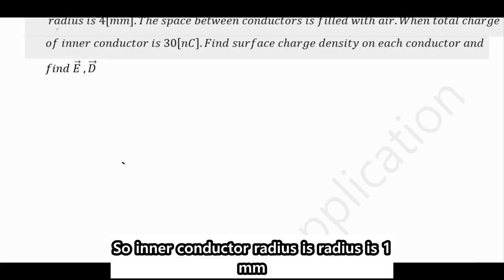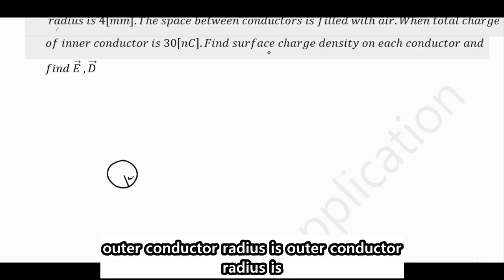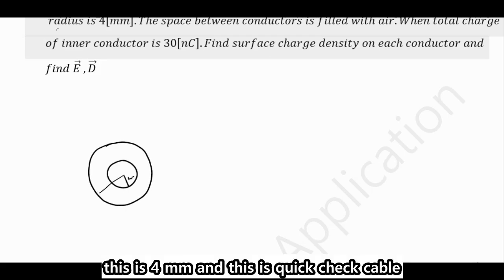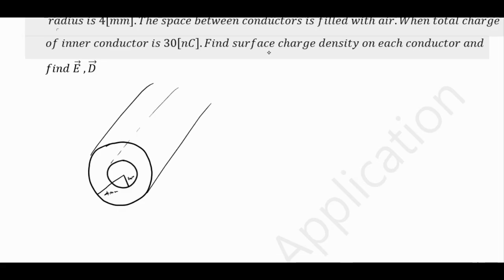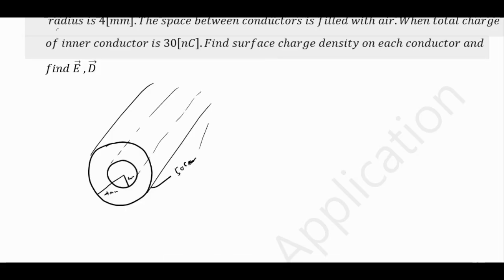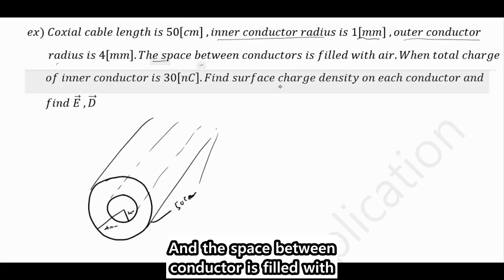So the inner conductor radius is 1 millimeter, the outer conductor radius is 4 millimeter, and this is the coaxial cable, and the length is 50 centimeter, right? And the space between the conductors is filled with air.